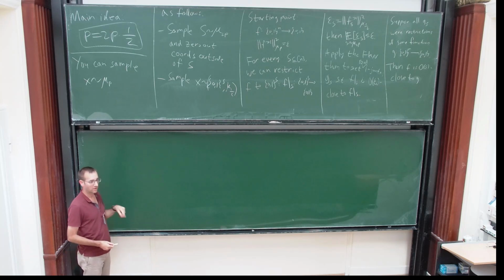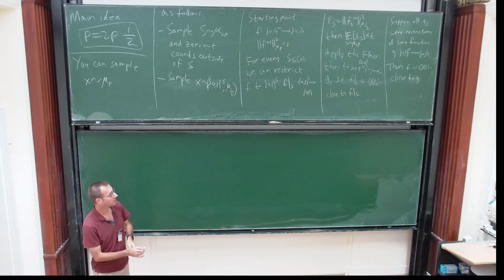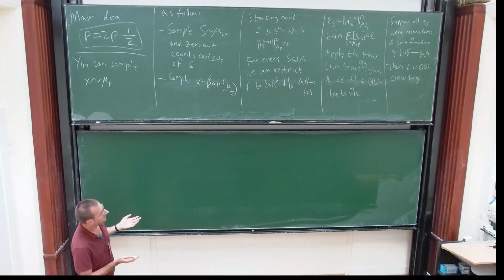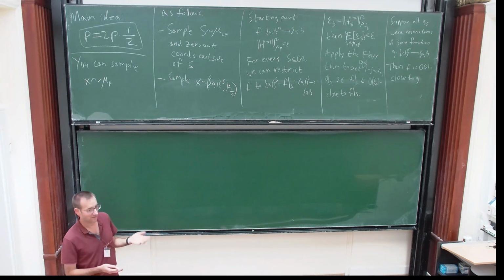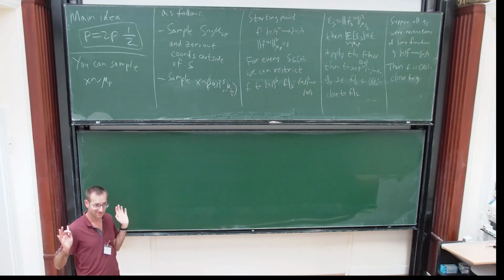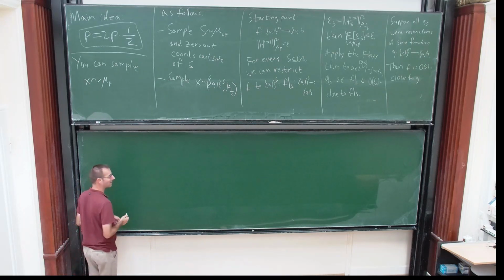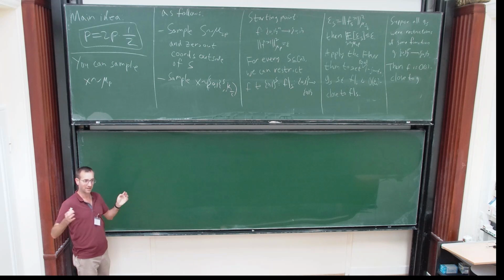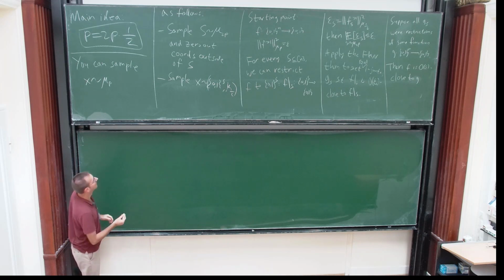The way that we're going to paste these things together is we're going to associate each of these functions G_S with its monomial expansion. This is not the Fourier expansion. Here it maybe is not so important, but in some of the generalizations it does become important.